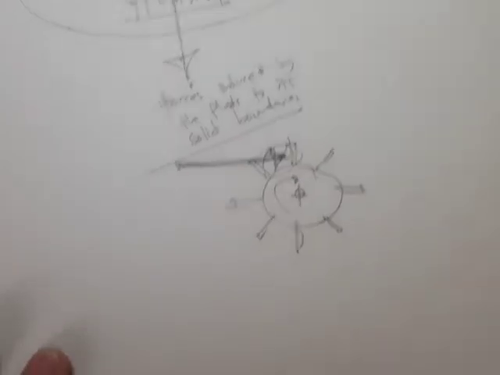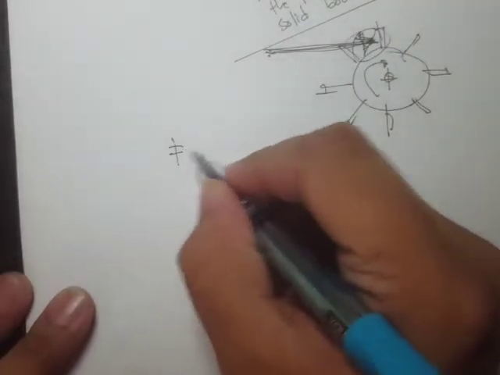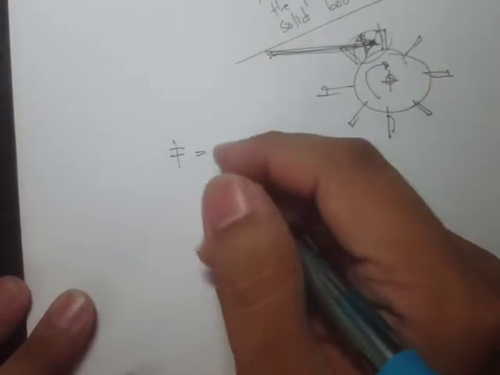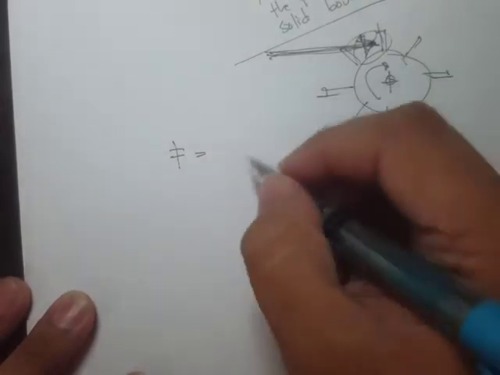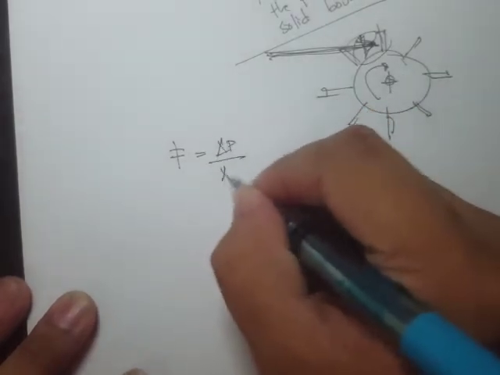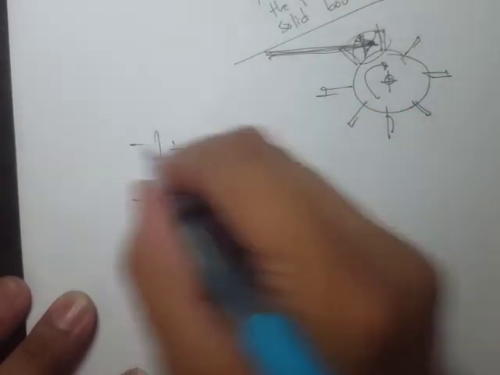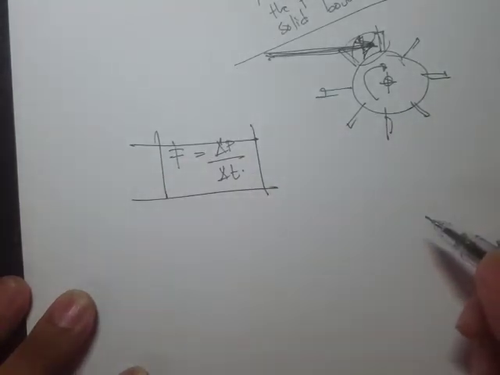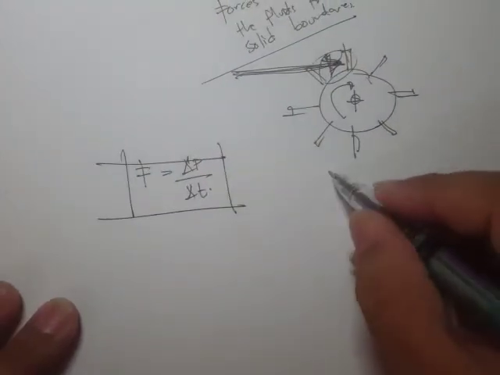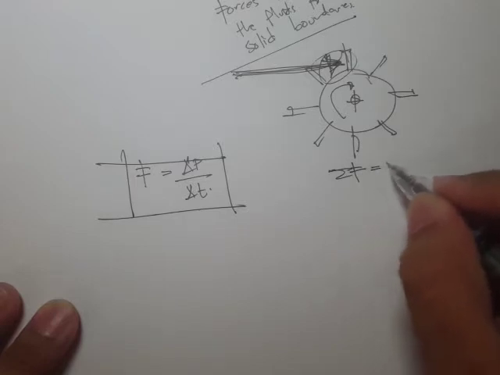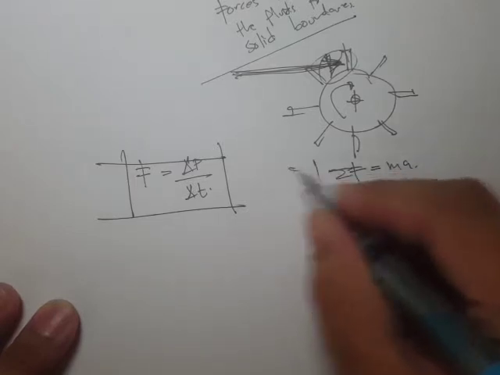Okay, so now let's define what is a force. Force is precisely defined as the change of momentum per unit time. This is the precise definition of the force, not this one. The definition of force is equal to ma, I think.